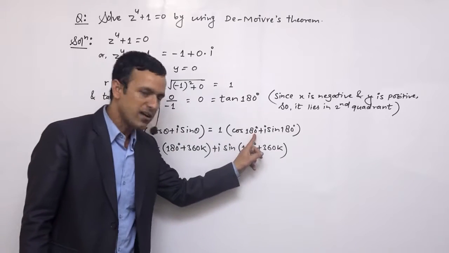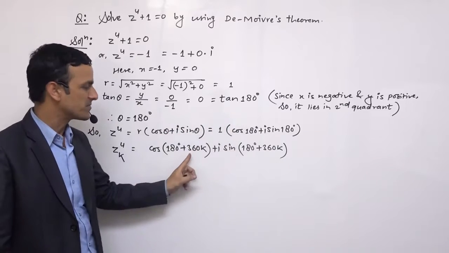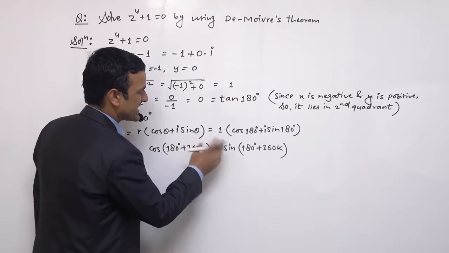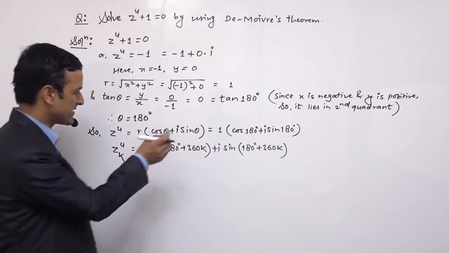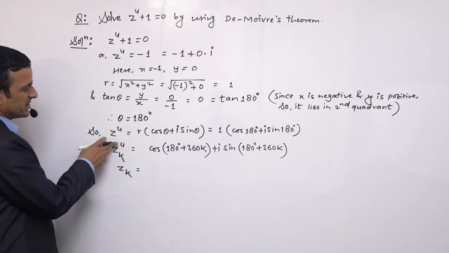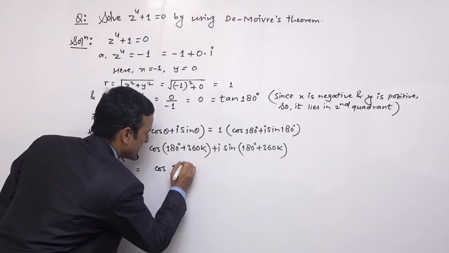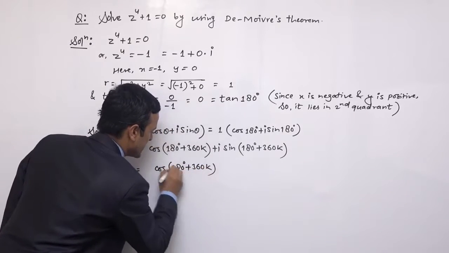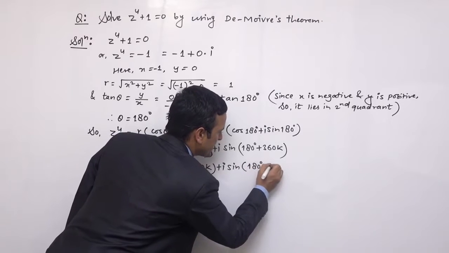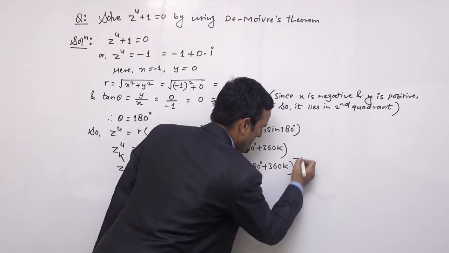To the angle that we have, add 360k. By doing this, the polar form above goes to the general polar form. And here also write z_k. Adding 360k to the given angle gives the general solution of that expression. So if we find z_k, then this power 4 will be power 1 upon 4 in this expression: cos (180 plus 360k) plus i sin (180 plus 360k), all to the power 1 upon 4.